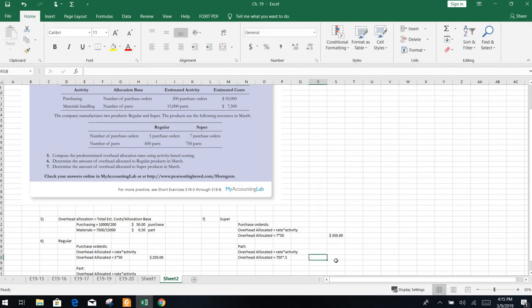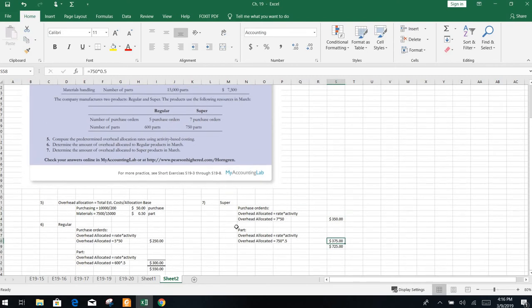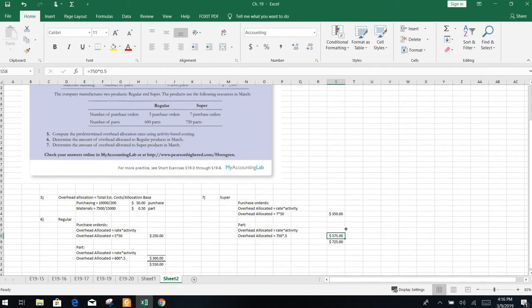So I'll just do the calculation over here. Equals 750 parts times 50 cents a part, and that's $375. Let's put the dollar format on there and get an auto sum. Okay, that's $750 for the super. So the super incurred $750 of overhead.